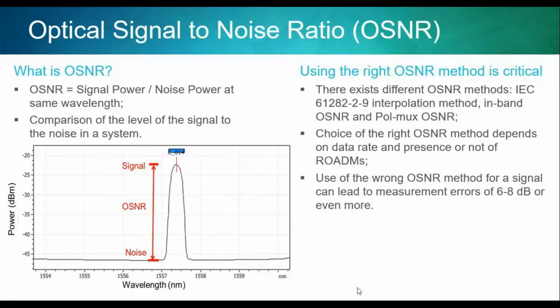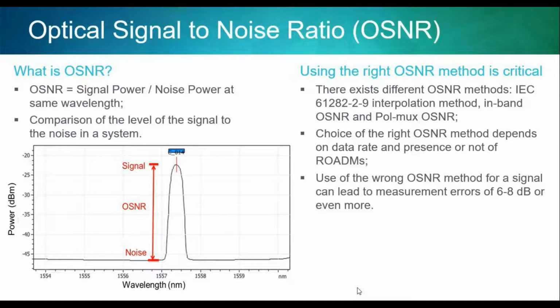One thing to consider is that there are different OSNR methods. OSNR can be calculated or interpreted in different ways, and it's very important to apply the proper OSNR method to the system. It's going to be impacted by the rate, whether it's a coherent system, and the presence of ROADMs.